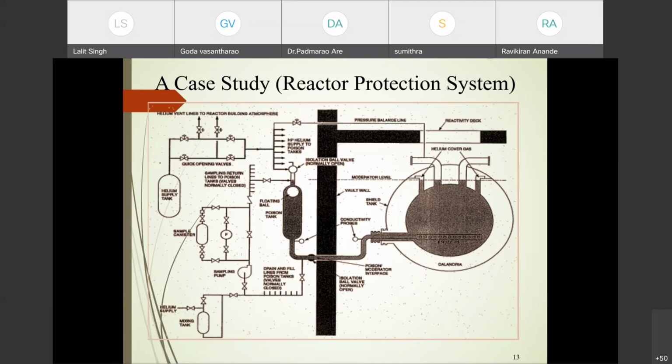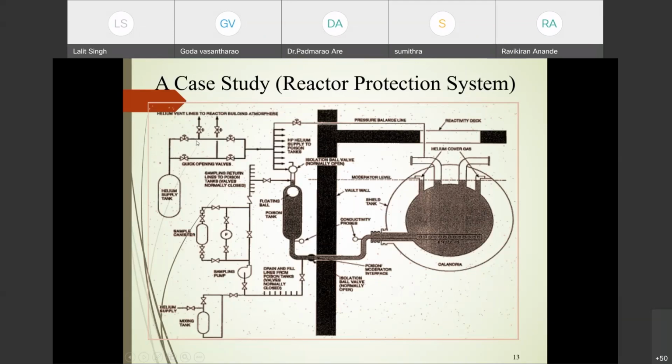Now suppose any one valve fails or is stuck open. Earlier, I was dealing with a valve failing to open. Here I am dealing with failure to close because I need to restart my reactor. Then what could happen? I would not be able to restart my reactor because one has failed to close. And again, the helium will keep on pressurizing this floating ball and the injection of the poison will continue.